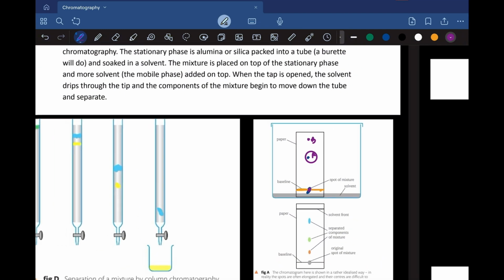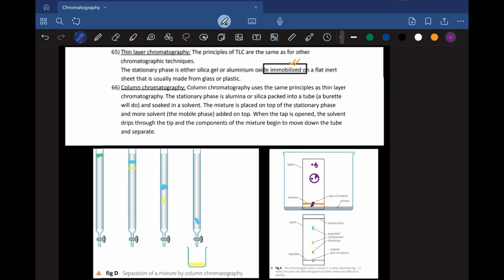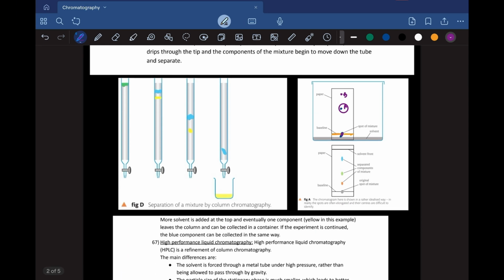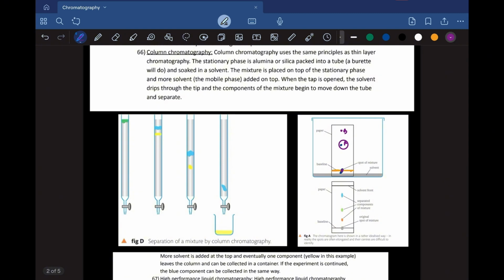Okay, these are a couple of things that you guys will have to understand, which is not in the note. So basically these are some basic things, though it is written in column chromatography or high performance liquid chromatography, don't worry, the concept is the same. If someone is more attracted to the silica gel, it will travel less distance.